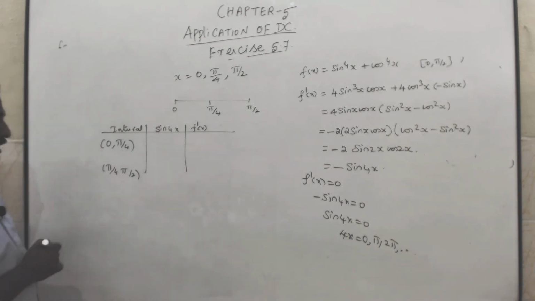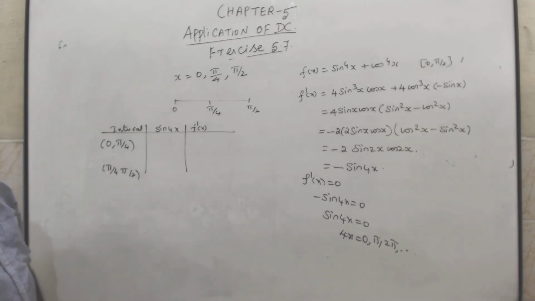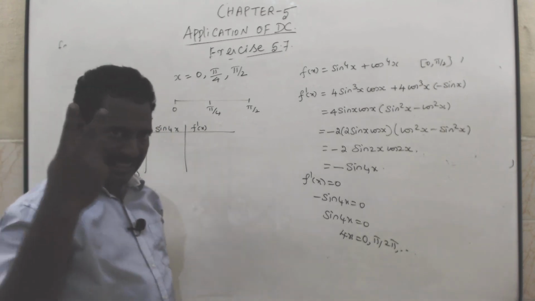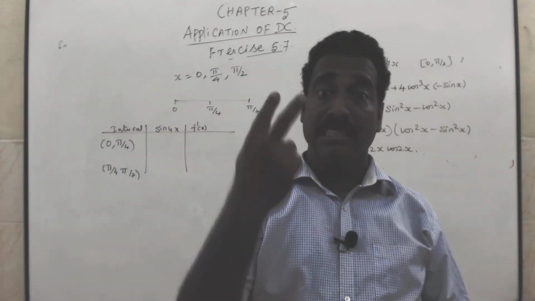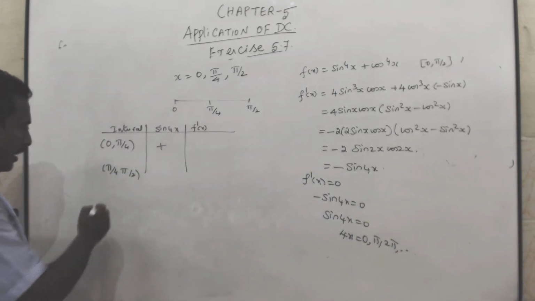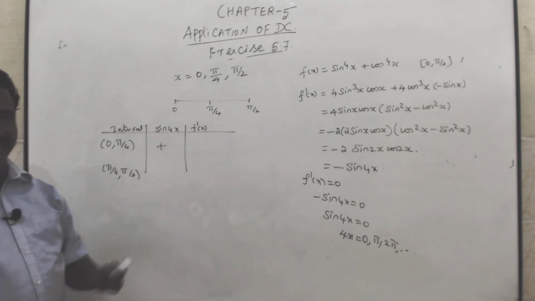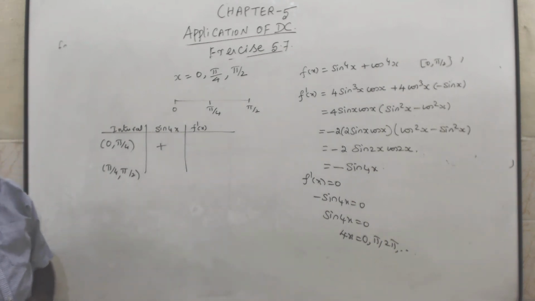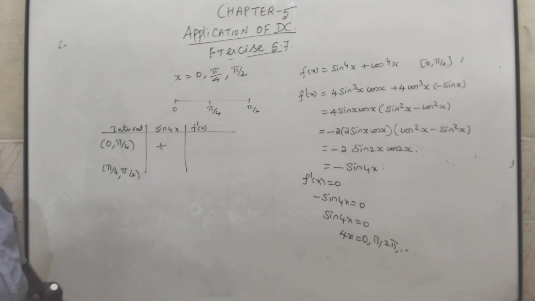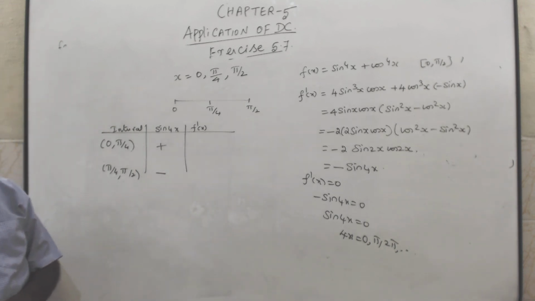For 0 comma pi by 4, that is 0 to 45, take 30. 4 times 30 is 120, which lies in the second quadrant, where sign is positive. For pi by 4 to pi by 2, take 60. 4 times 60 is 240, which lies in the third quadrant, where sign is minus.